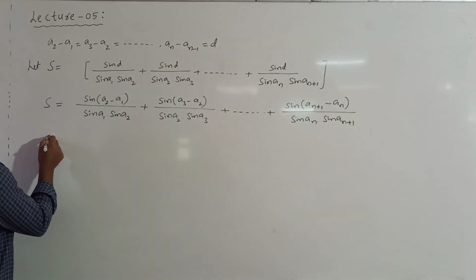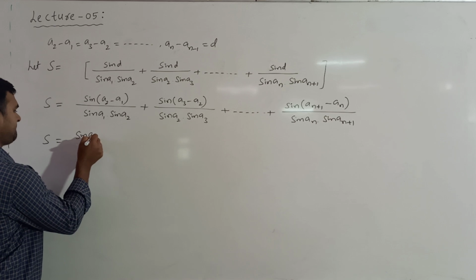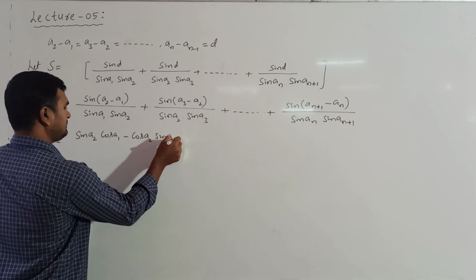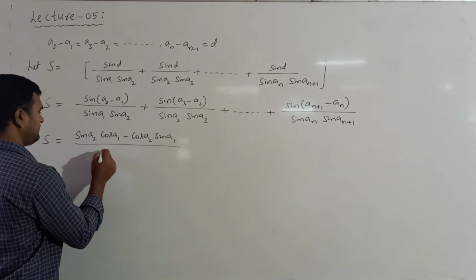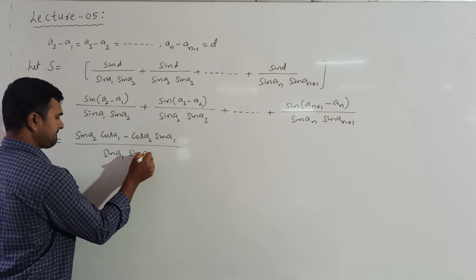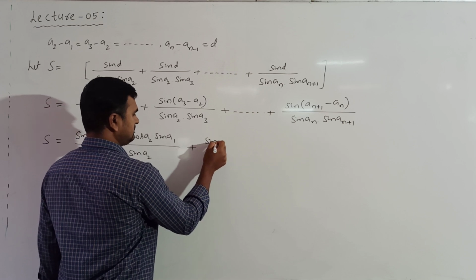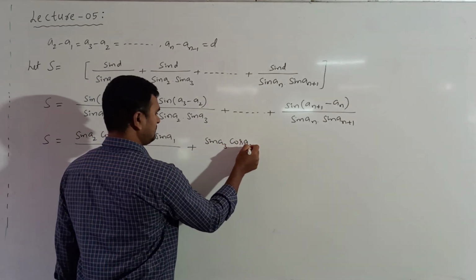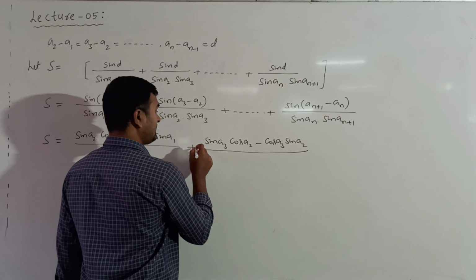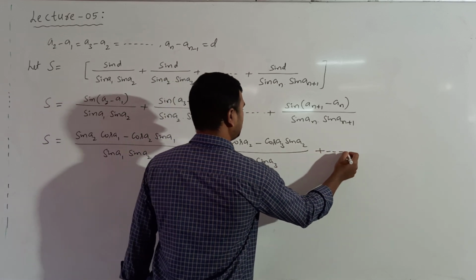Now expand numerator terms. Sin a minus b form, I can write sin a cos b minus cos a sin b divided by sin a1 into sin a2 plus on second term again apply sin a minus b form, sin a cos b minus cos a sin b divided by sin a2 sin a3, and so on.